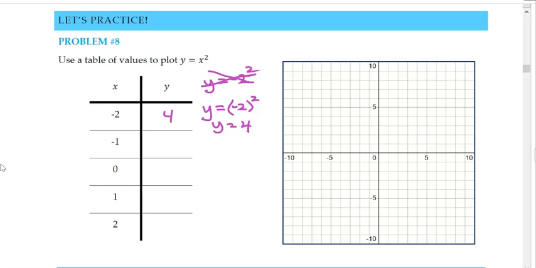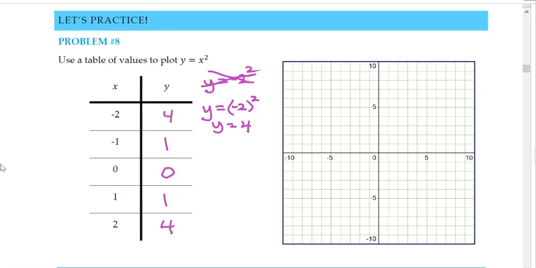All right, and if we keep doing that, put -1 in place of x, and we get -1 all squared is just 1. Put 0 in there, 0 squared is 0. Put 1 in there, 1 squared is 1. Put 2 in there, 2 squared is 4. So now we can plot these points on here.